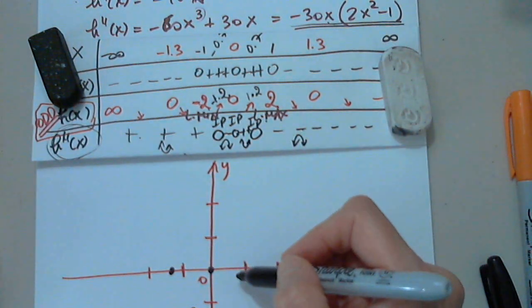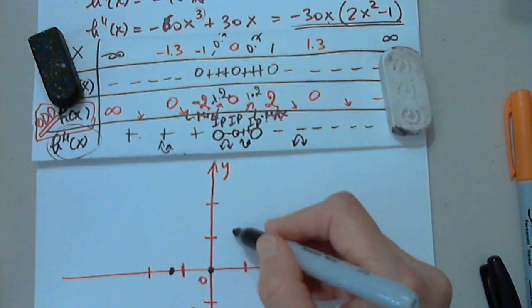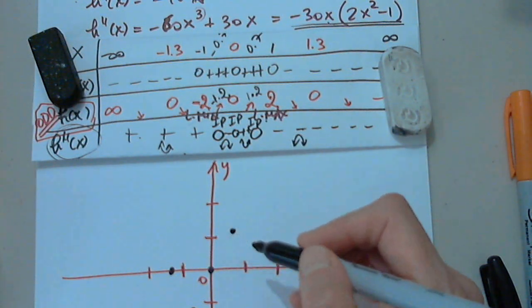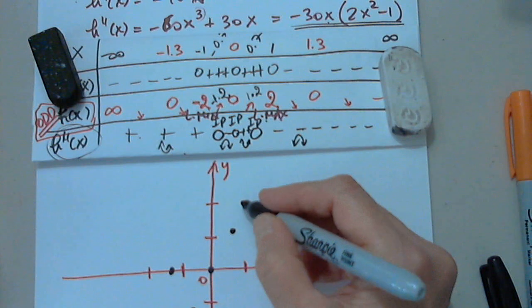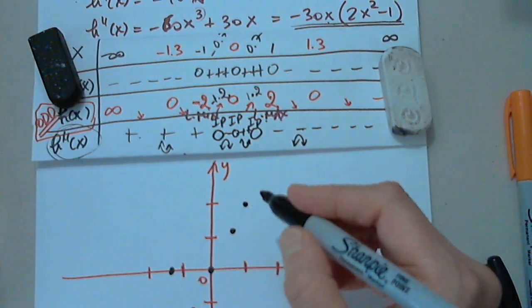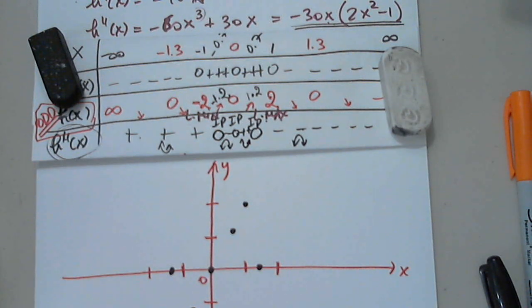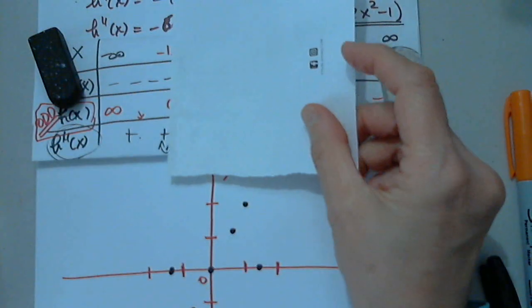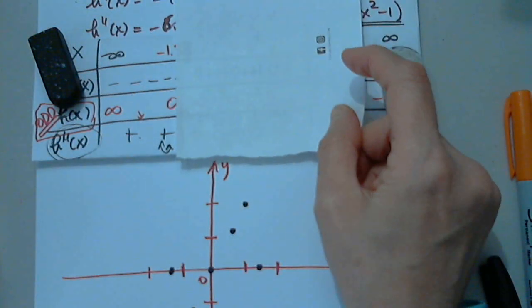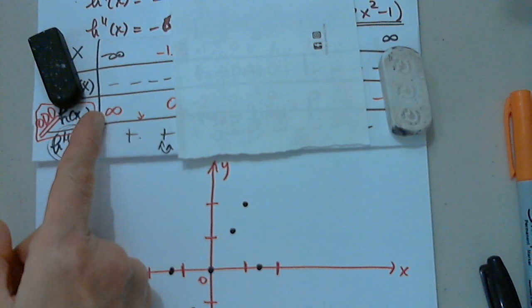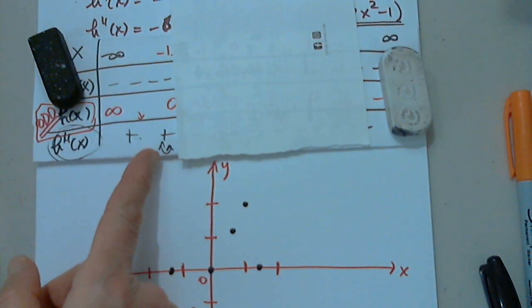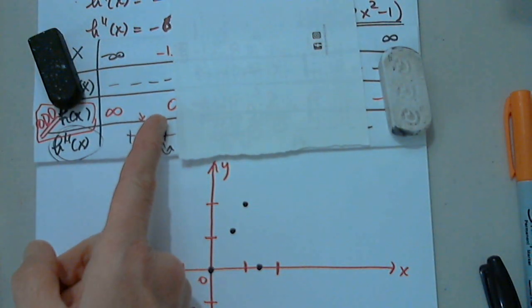Again, 1.2, 0.7, 1.2, 1, 2, and then 1.3. So now careful, step by step from left to right. The function comes from infinity, opening up to the x-intercept.